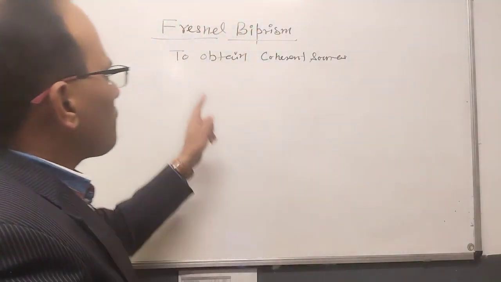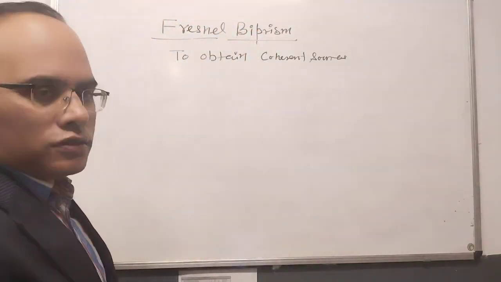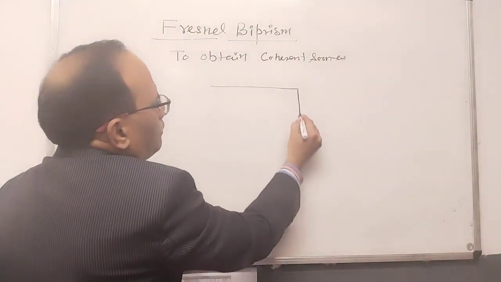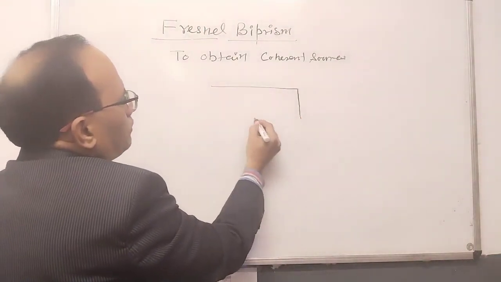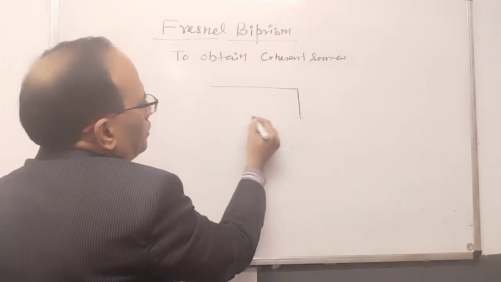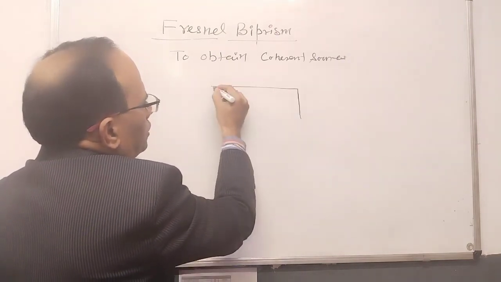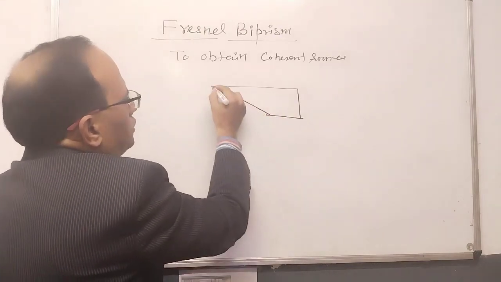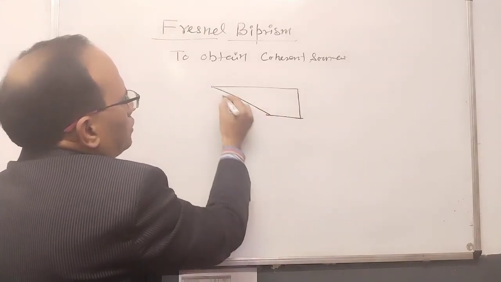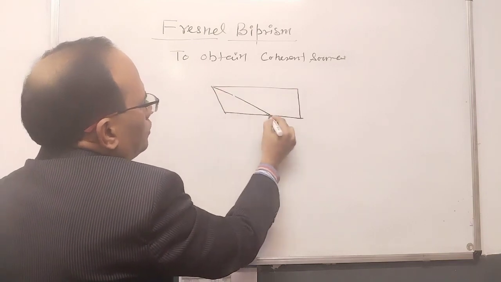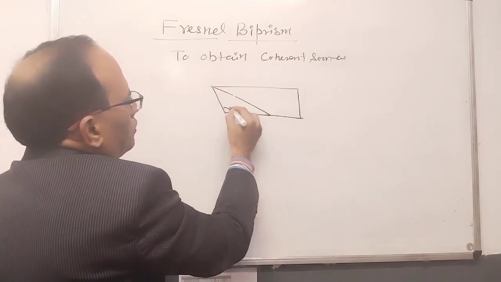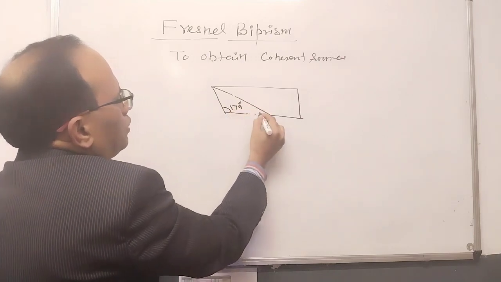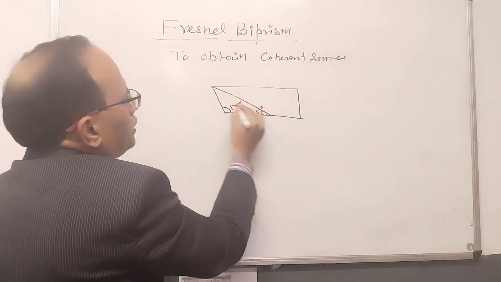So how was it initially constructed? Suppose we have simply a glass slab, and we can cut the slab in this way so that one angle remains 179 degrees, and the other two are 0.5 degree each.